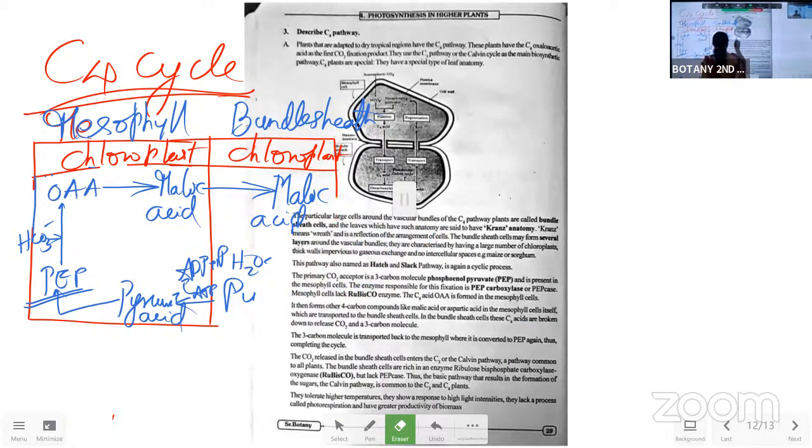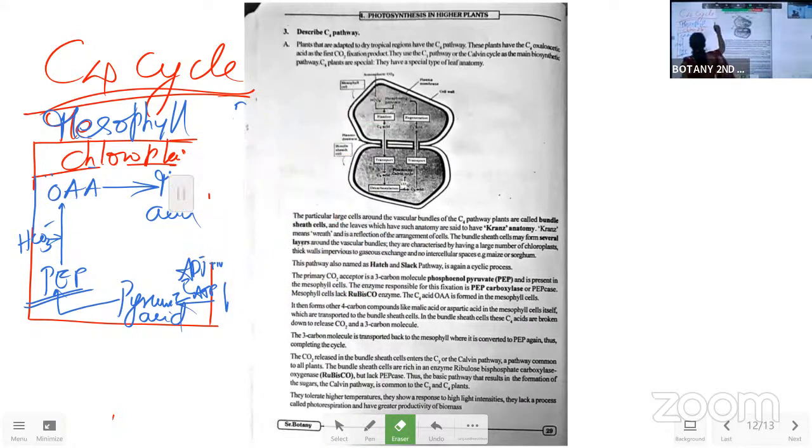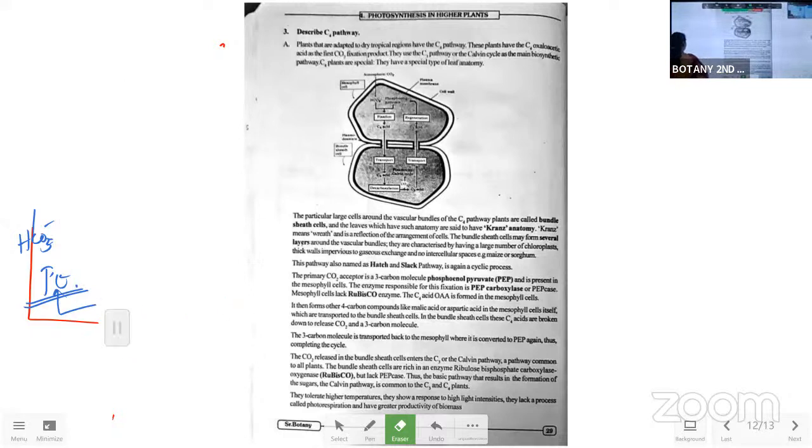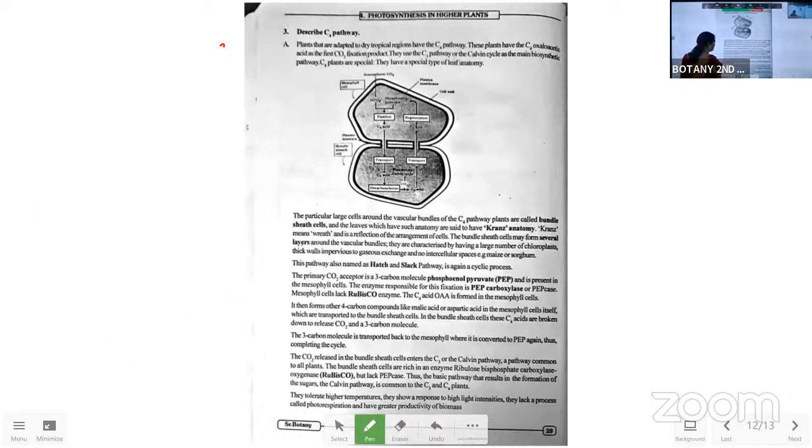The bundle sheath chloroplasts are somewhat bigger than the mesophyll chloroplast, and these are arranged like a garland-like arrangement in the bundle sheath cells. The bundle sheath cells are the colorless cells which are somewhat bigger in size.